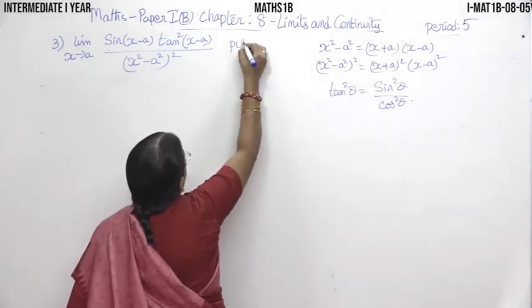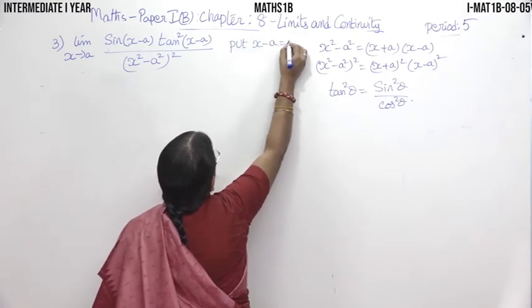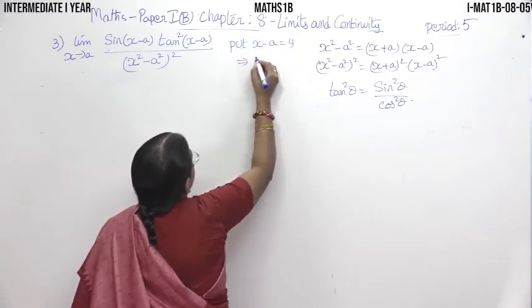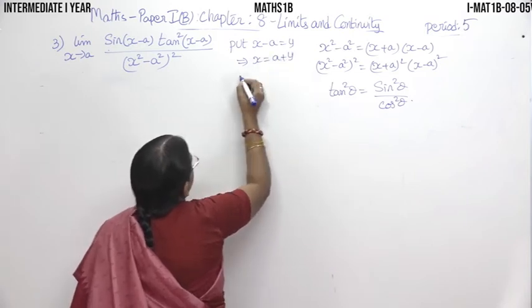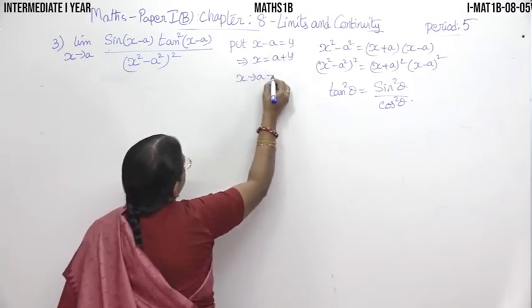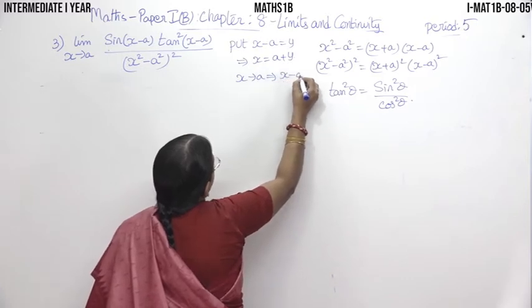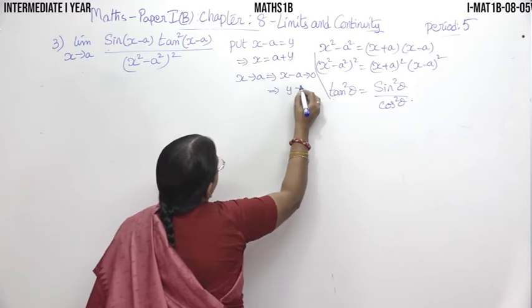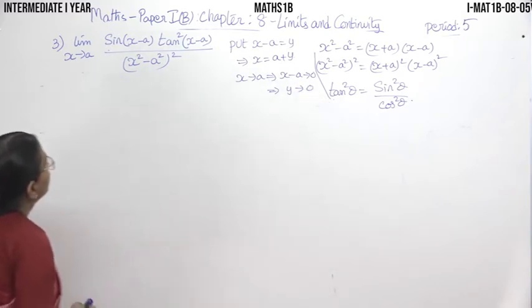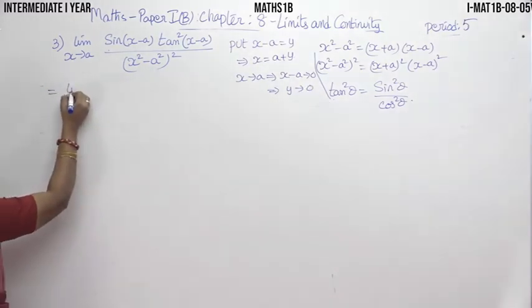Put x minus a is equal to y. Then it means x is equal to a plus y. So x tends to a implies x minus a tends to 0, so that means y tends to 0.